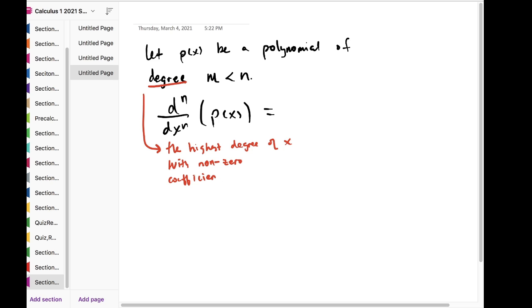Okay, so now thinking about that, if m is the highest degree and m is less than n, what do you think the nth derivative is? Let's do a quick example, and you'll see why this is true.